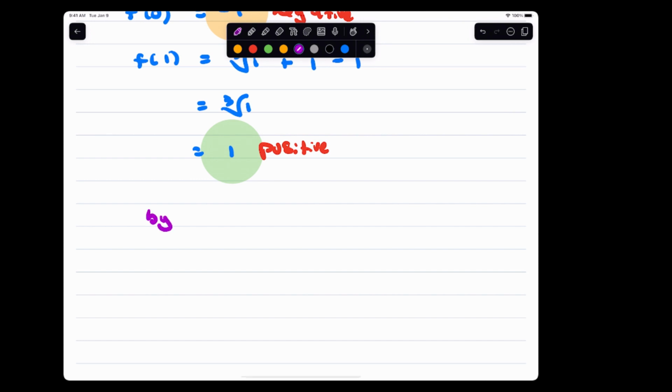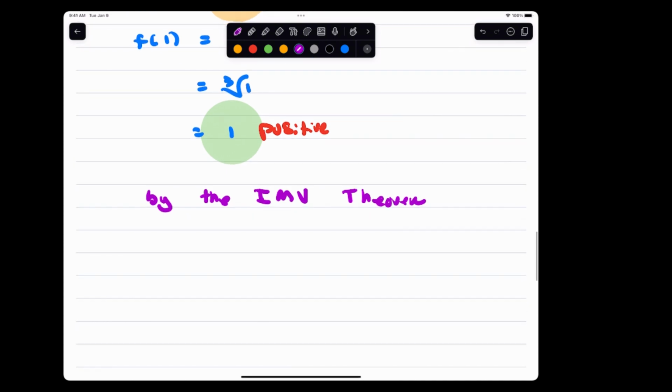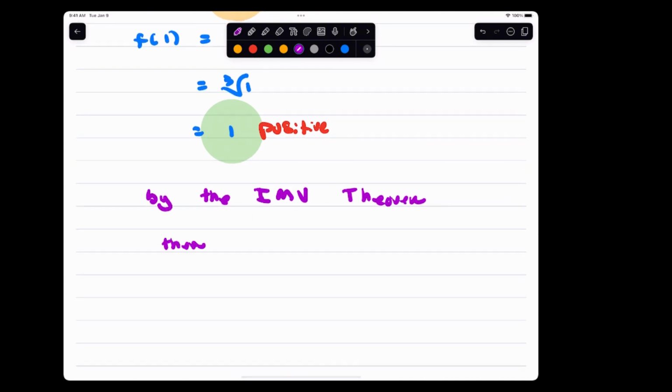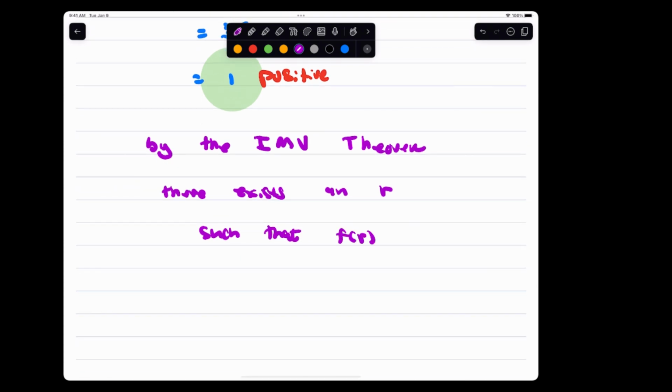You cite the intermediate value theorem: there exists an R such that f of R equals 0.